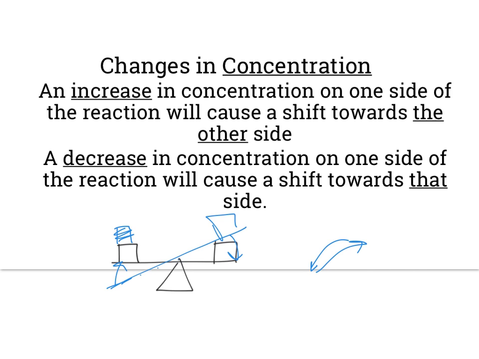You're going to try and fix things. So, in terms of concentration, if we have too much on one side, we try to take some of it and put it on the other side. Or if we have too little on one side, we try to move some over from the other side to balance this out. You're trying to keep things balanced.